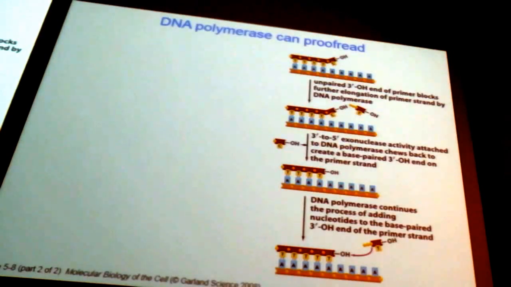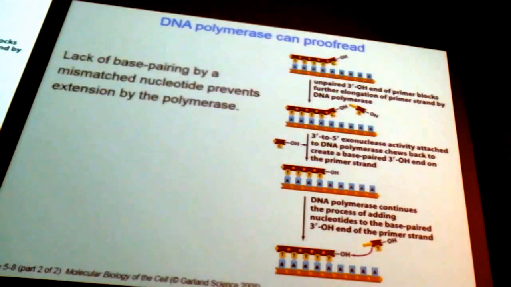And this lack of ability of the polymerase to extend this is really what ensures that you need an RNA primer in the first place. If you don't have a base paired primer before, you cannot have this extension. Okay? So if there is a mispairing, then there is a mechanism by which the polymerase is able to remove that base, put in the right one, and keep going.